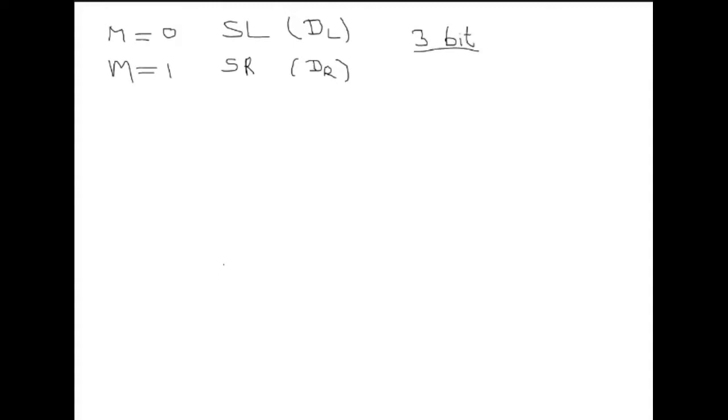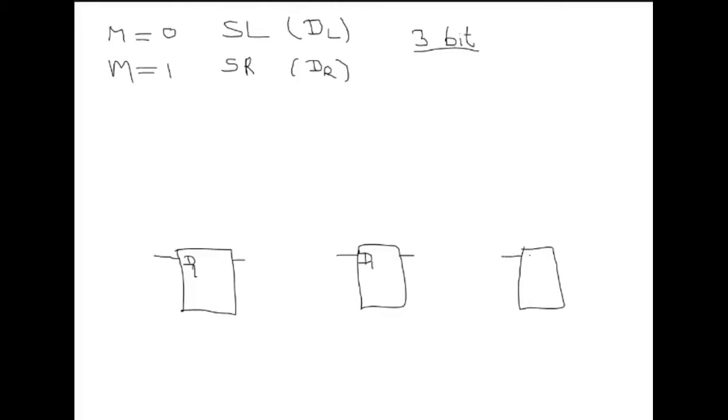So to design the circuit, I will be having the first flip-flop, then the second flip-flop, and this is my third flip-flop. Let these be D0, D1 and D2. D2, this will be Q2, then this will be D1, and its output will be Q1 and Q1 bar, and the last one is my D0, MSB to LSB, and the last one will be my Q0.